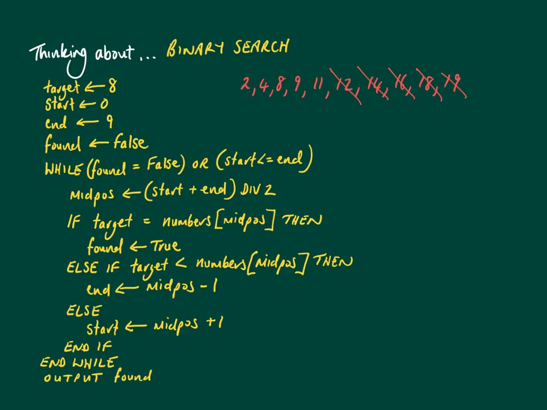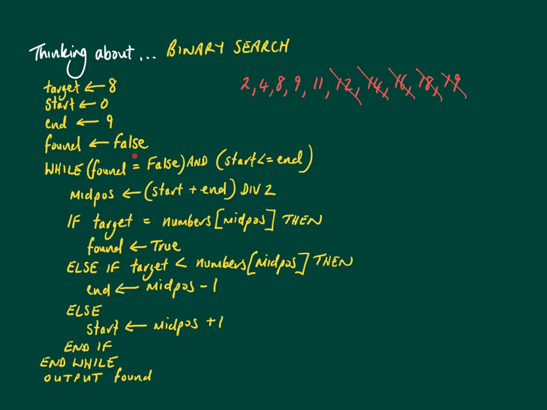So I think if we just make it an and instead of an or, that means that both the left-hand side and the right-hand side have to evaluate to true in order to continue. And so that fixes our logic error there.